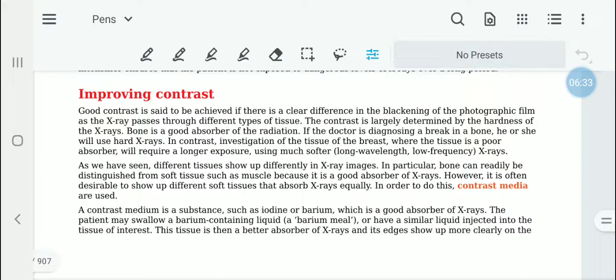So instead of hard X-rays, softer X-rays will be sent, with long wavelength and low frequency. So you can understand that there are hard X-rays as well as soft X-rays.